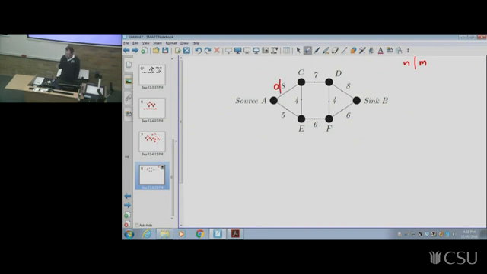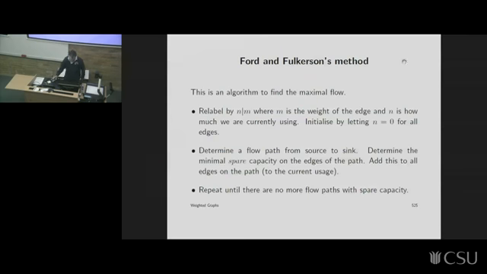There's no flow, and the maximum you can possibly have is 8. We put that everywhere to start with. That's our little bookkeeping, so it knows how much flow we've got. That's the first step.